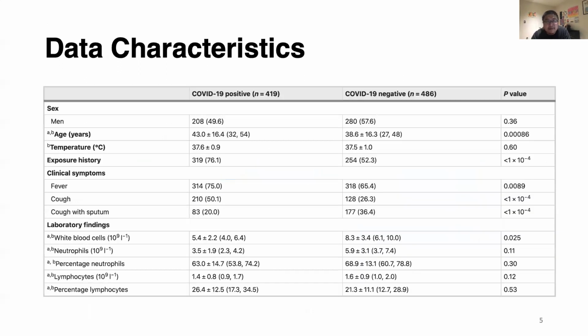And these are the characteristics of the data used for evaluation in this paper, which includes chest CT scans from 905 patients for whom there was a clinical concern of COVID-19, acquired between January 17, 2020 and March 3, 2020, from 18 medical centers in 13 provinces in China.